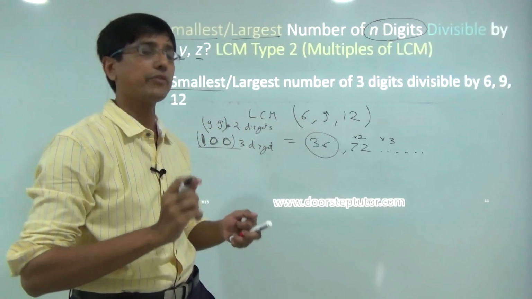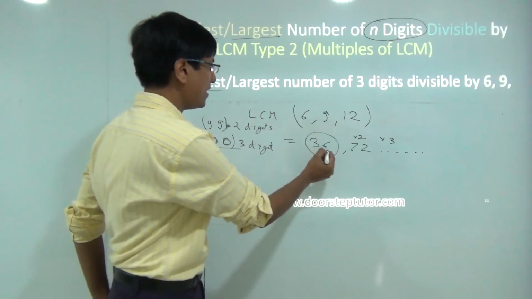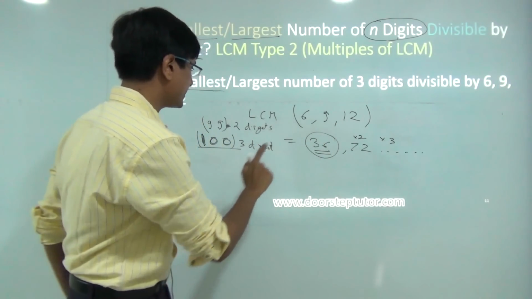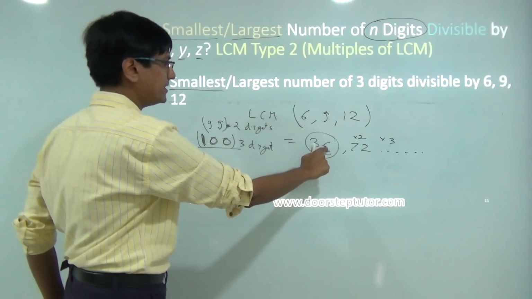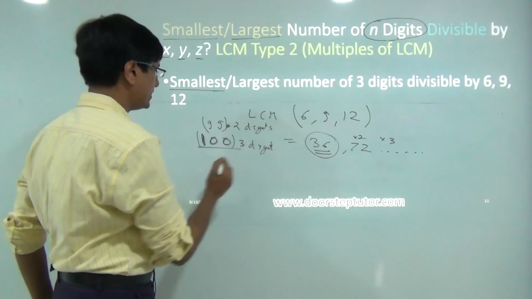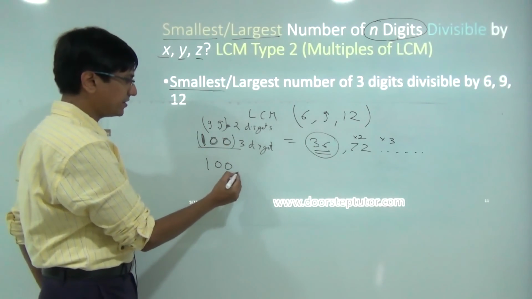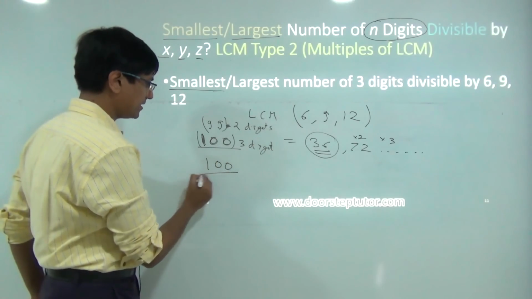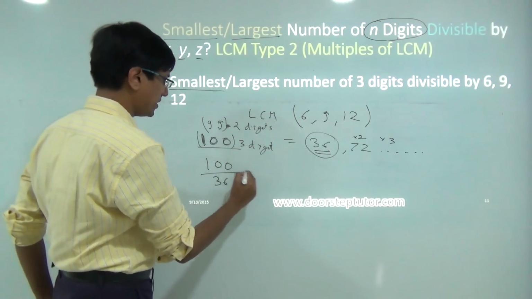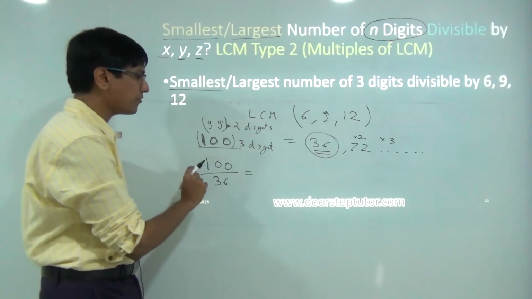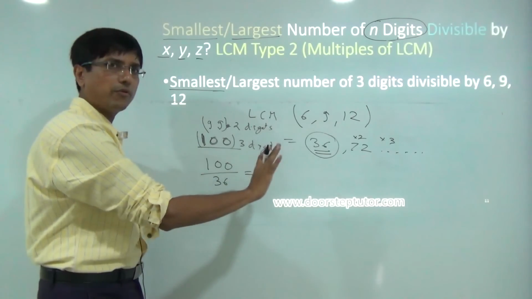And what is the method to find that out? I first take the LCM of 6, 9 and 12, which is 36. I divide the 100, the smallest number of 3 digits, by that LCM, right? And I get a quotient. I am only interested in the quotient, I don't care about the remainder.